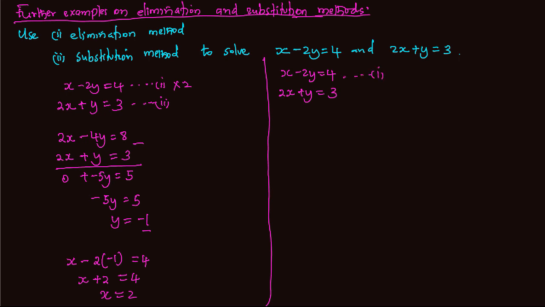From equation 1, we can write x in terms of y so that x is equal to 4 plus 2y.